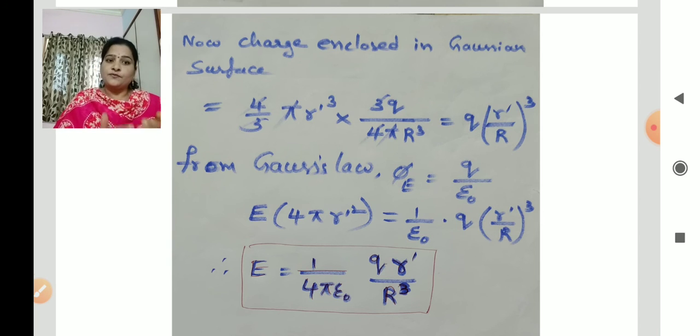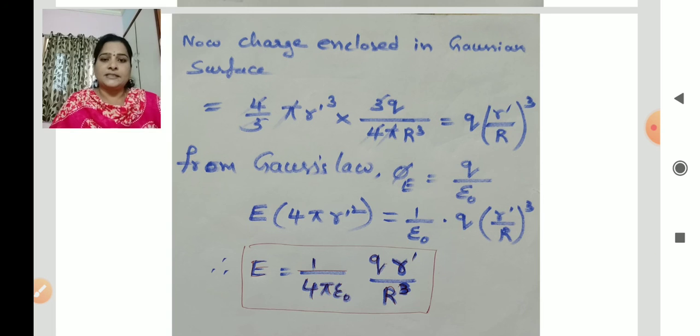So here also, for the Gaussian surface, the volume of the Gaussian surface is 4 by 3 pi r prime cube, where the Gaussian surface is of radius r prime, that I have shown in the figure. We have assumed a point to find the electric field intensity.